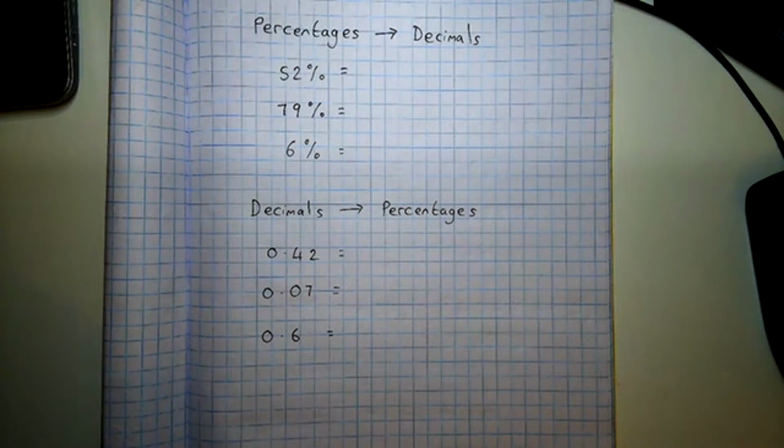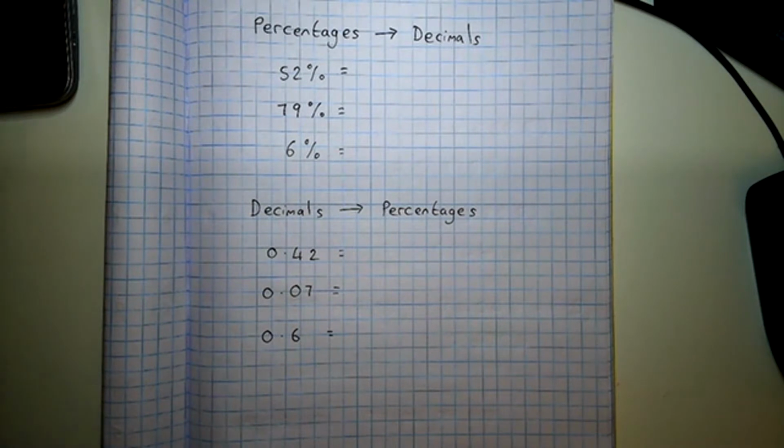So 100% is the same as 1 as a decimal. And to convert from percentages to decimals, we have to divide by 100. So dividing by 100, if there's any zeros on the end, take them off. Otherwise, we're going to move our decimal point in 2 places.